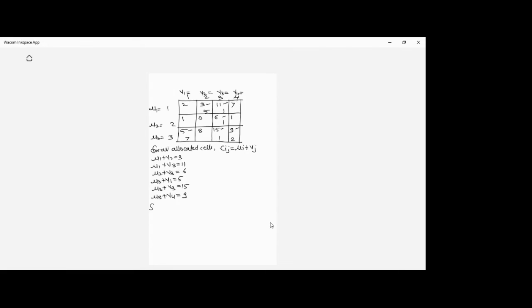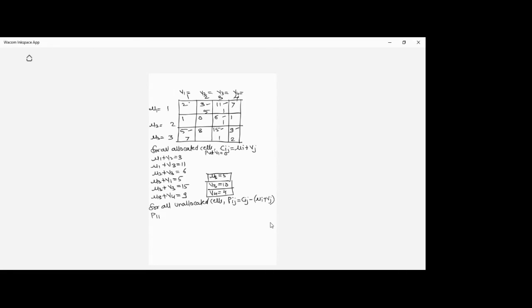For all unallocated cells, you have Pij is equal to Cij minus (Ui plus Vj). So we are going to do that. We have to find out the values; put V1 is equal to 0, right? So put V1 is equal to 0, U3 is equal to 5. So if U3 is equal to 5, V3 is equal to 10, and V4 is equal to 4, right?